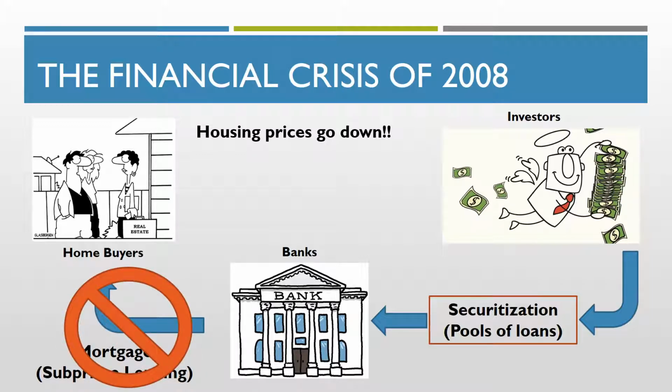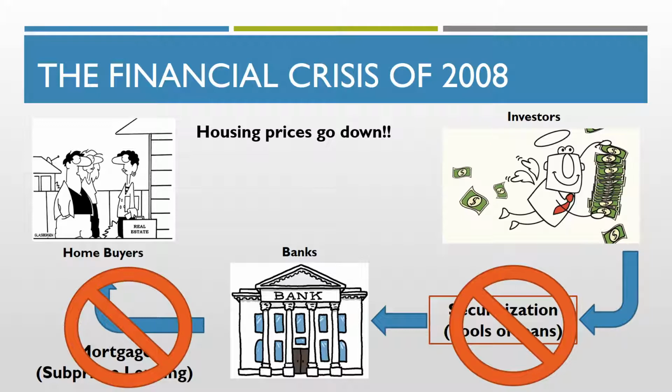So the bank is facing a problem because the home buyer cannot pay back the mortgage. At the same time, the houses that they lent the money against are not worth as much. The bank doesn't get the money, and neither do the investors buying those securitization packages.